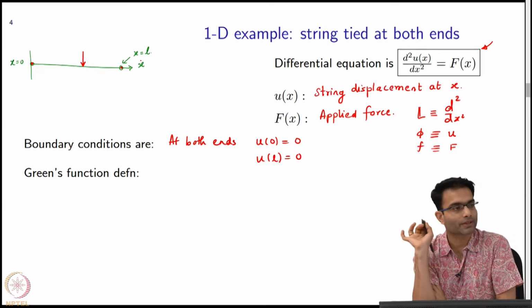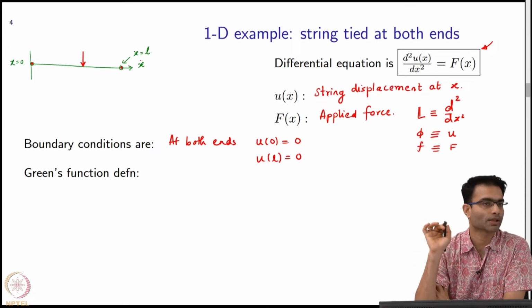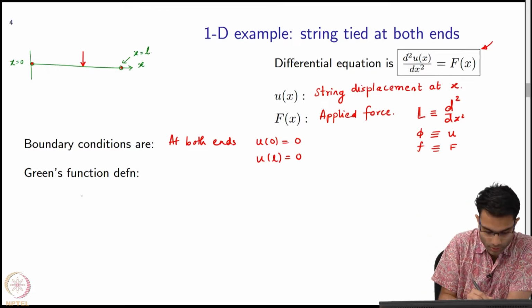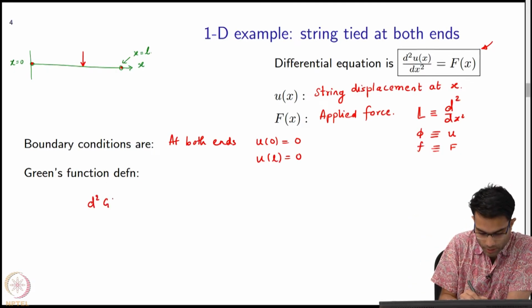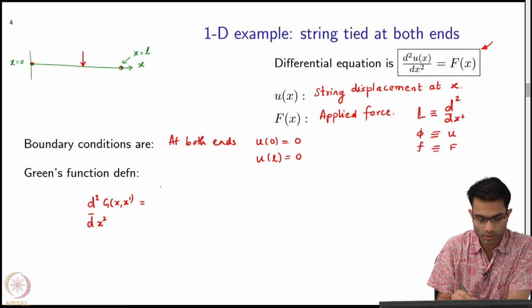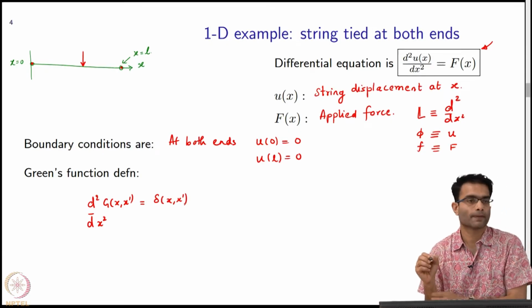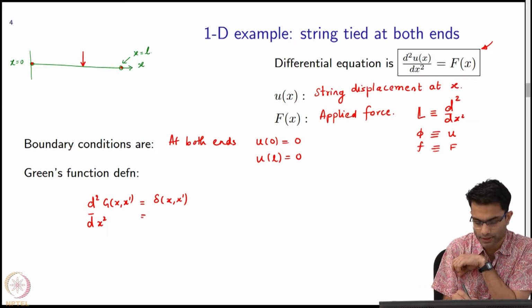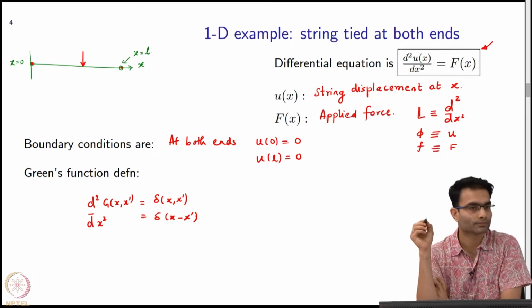Very simply, from the last slide, same thing: d2 g of x, x prime over dx2 is equal to delta of x minus x prime. You will find in some places it is also written this way, same thing.